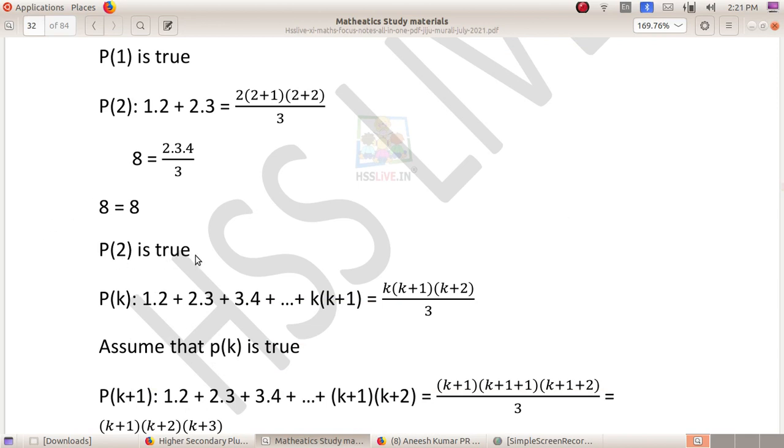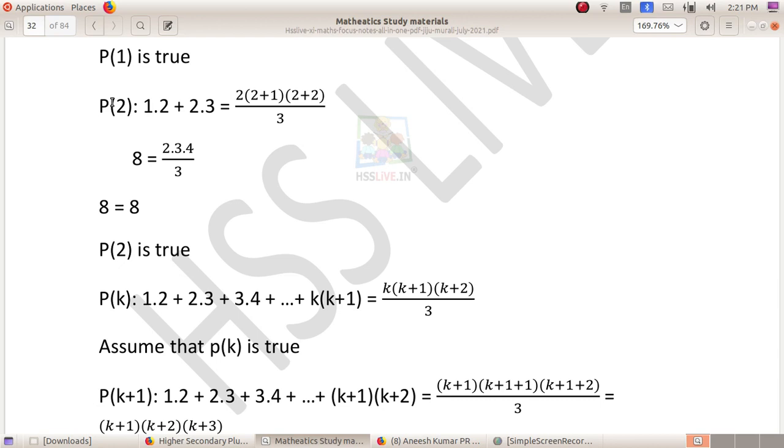Then we have to assume this statement is true for n is equal to k. Here, firstly we proved it is true for n is equal to 1. Then we proved it for n is equal to 2. Then it is not necessary to prove whether it is true for n is equal to 3, 4, 5.